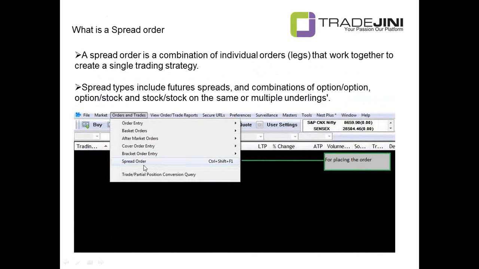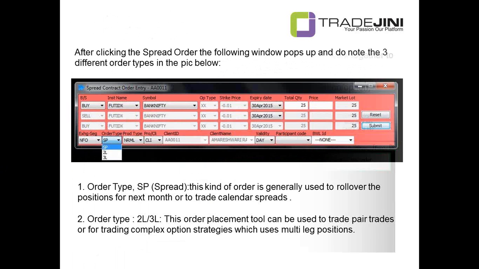We go to Order and Trades, Spread Order, Control Shift F1 for placing the order. Now, in spread order, we can also use it for pair trading. In a sense, we can buy zinc, sell lead, buy ICICI Bank, sell Axis Bank, also using the same spread order. So when you click on spread order, the next window that pops up will look like this.